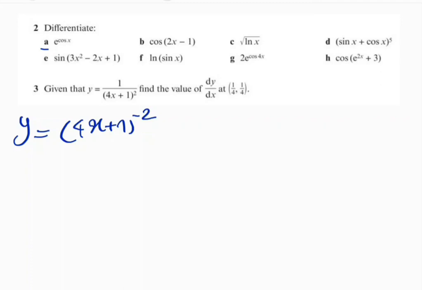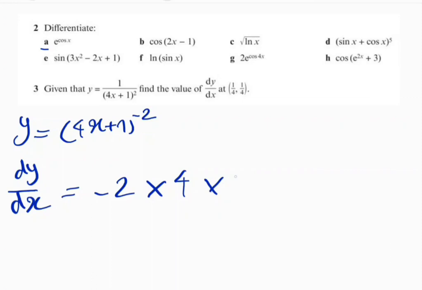And now we start by writing down dy/dx as usual. First we need to differentiate this, and the power comes down again, minus 2 times the derivative of the inside, which is just 4, because 4x differentiates to 4 and 1 is a constant, times the inside again, the whole thing in the brackets, to the power of the power minus 1, which is minus 3.